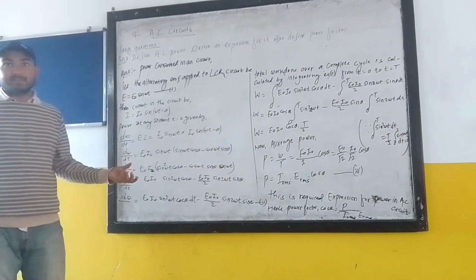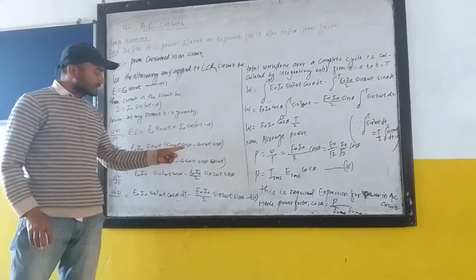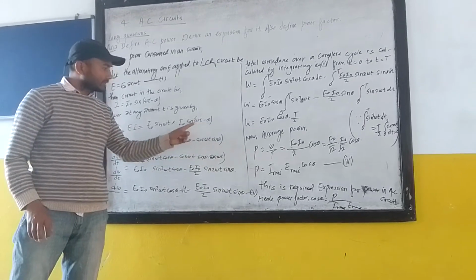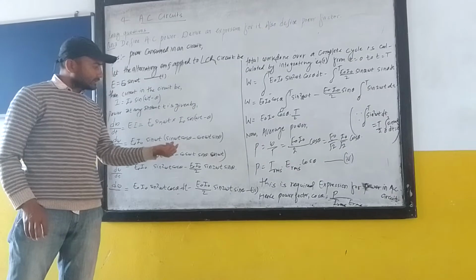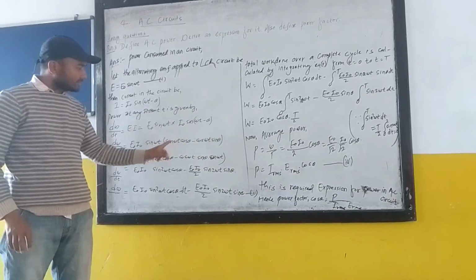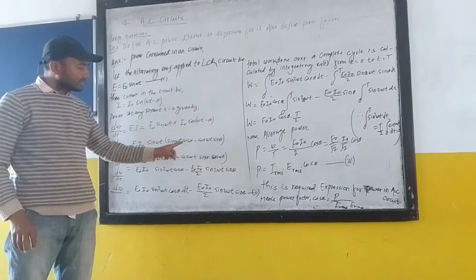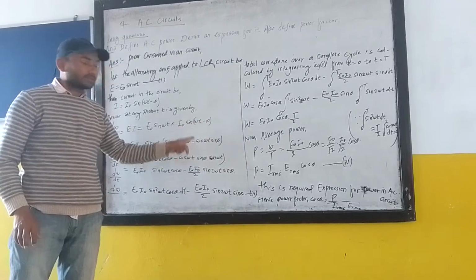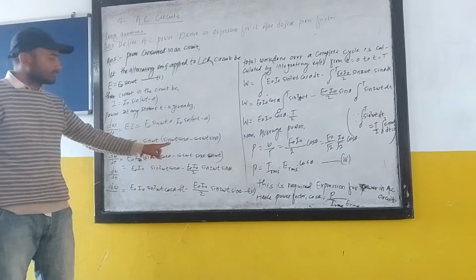You know the formula sin(A minus B) equals sin A cos B minus cos A sin B. So I expanded this: sin omega t cos theta minus cos omega t sin theta.